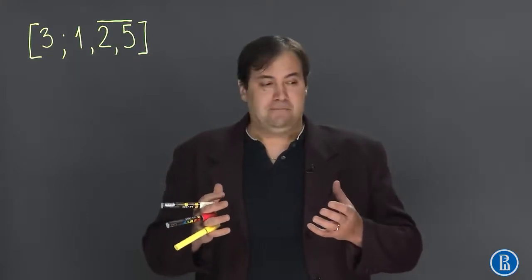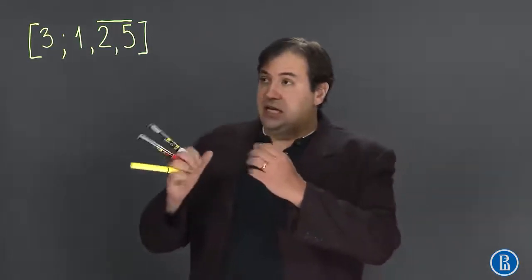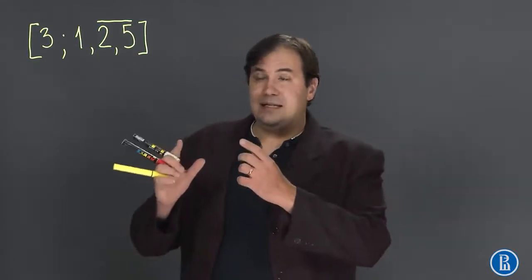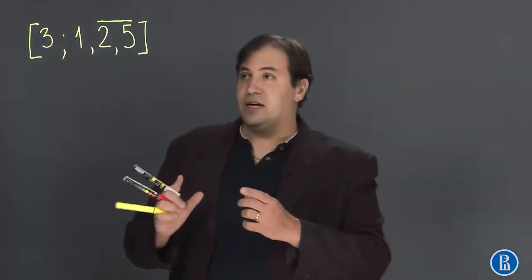In the previous videos, we've seen that finite continued fractions correspond to rational numbers. Here we see a continued fraction, but please don't be mistaken. This is an infinite continued fraction.